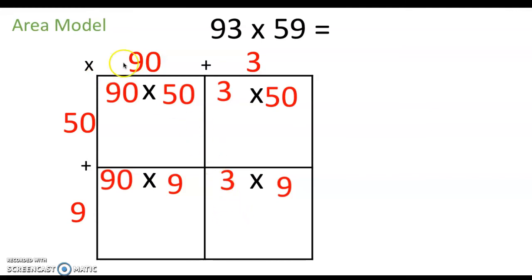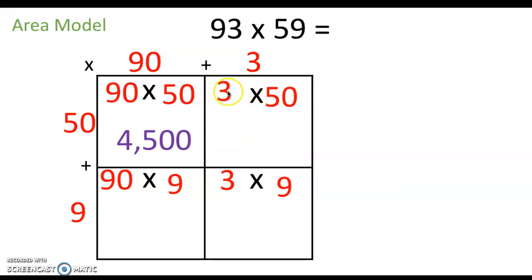All right, let's start off in our first box. Remember, ignore the zeros and then add them back on at the end. So 9 times 5 is 45, plus 2 zeros gives you 4,500. Next box, we have 50 times 3.